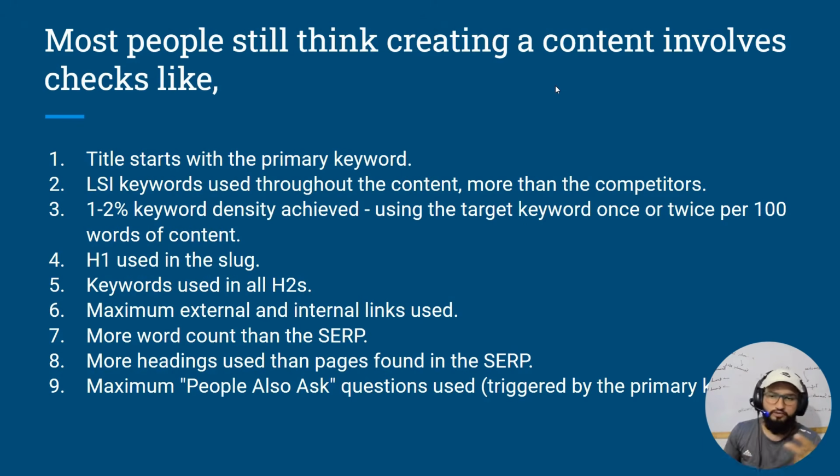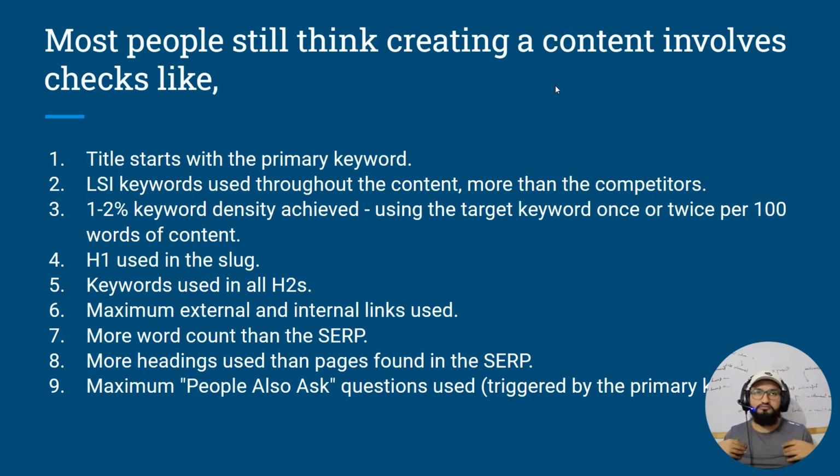There are two types of semantics. One is micro semantics, one is macro semantics. Macro semantics covers the whole top-level or broader picture that Google first sees when they visit your page or website, and you have to give the broader signals in your macro semantics, right?